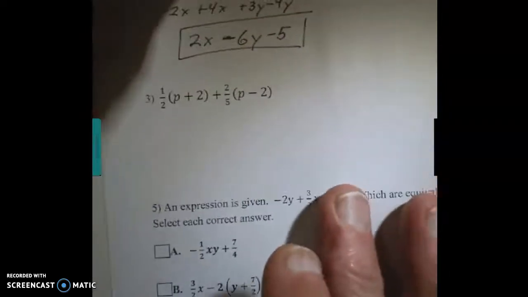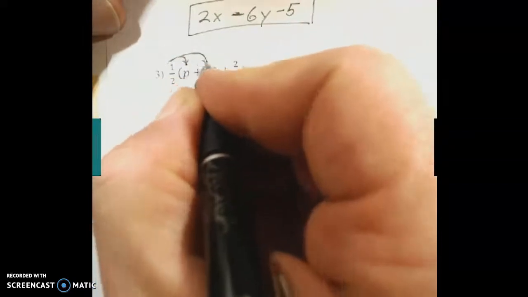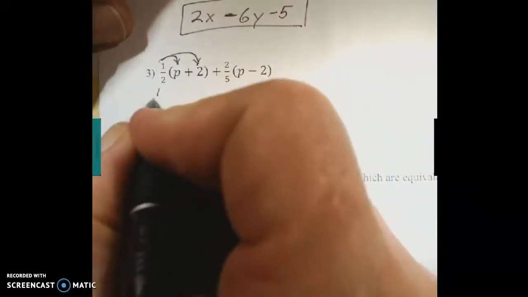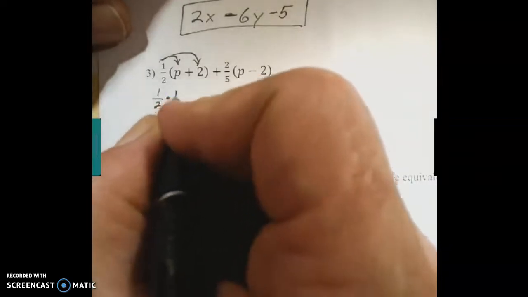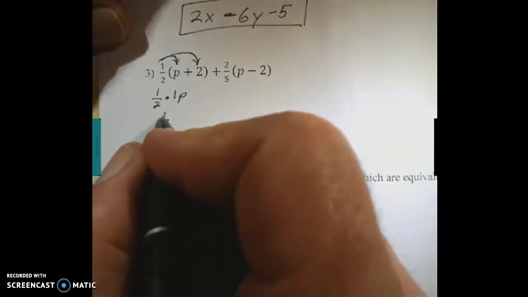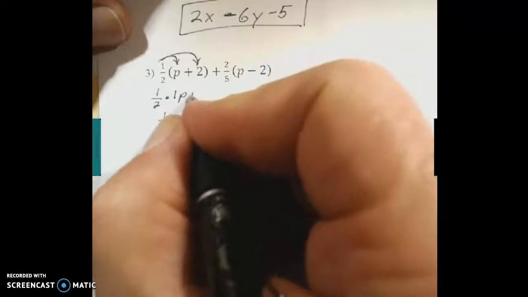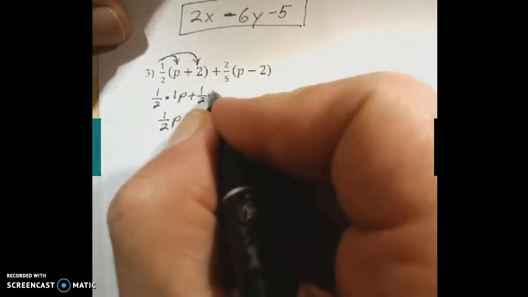Problem 3. We've got 2 sets of distributive property in here. We've got 1/2 times everything in here, so it's going to be 1/2 times 1p. 1/2 times 1p is just 1/2 p. And plus a 1/2 times 2.